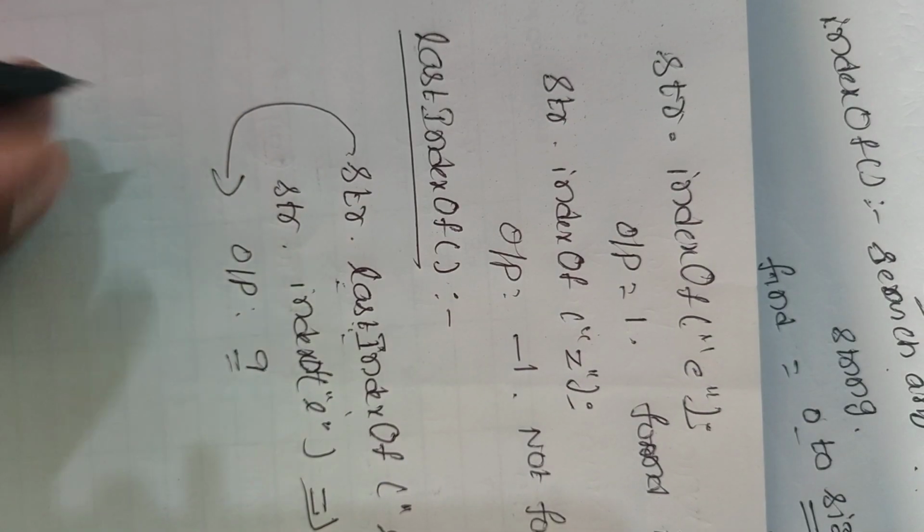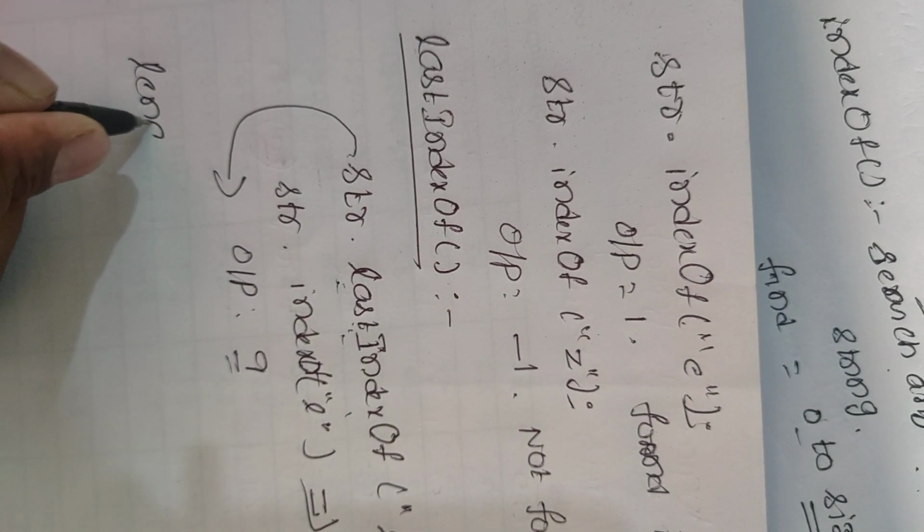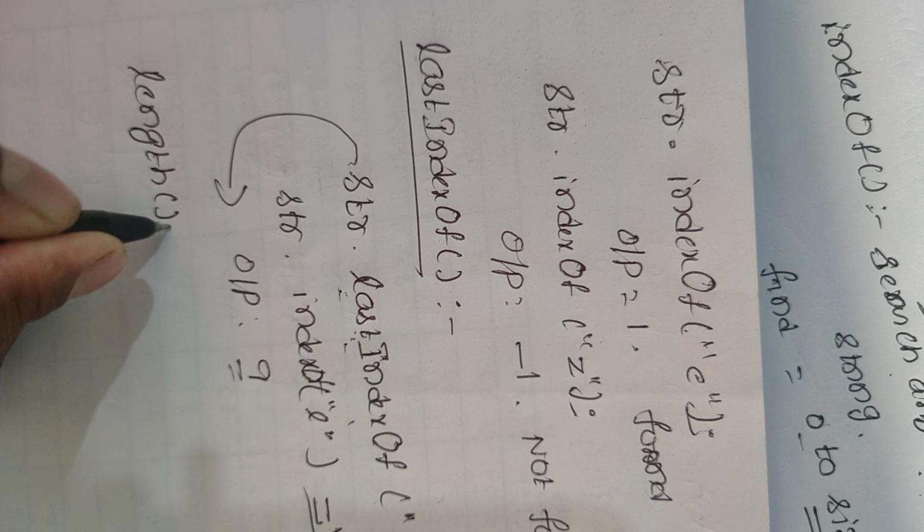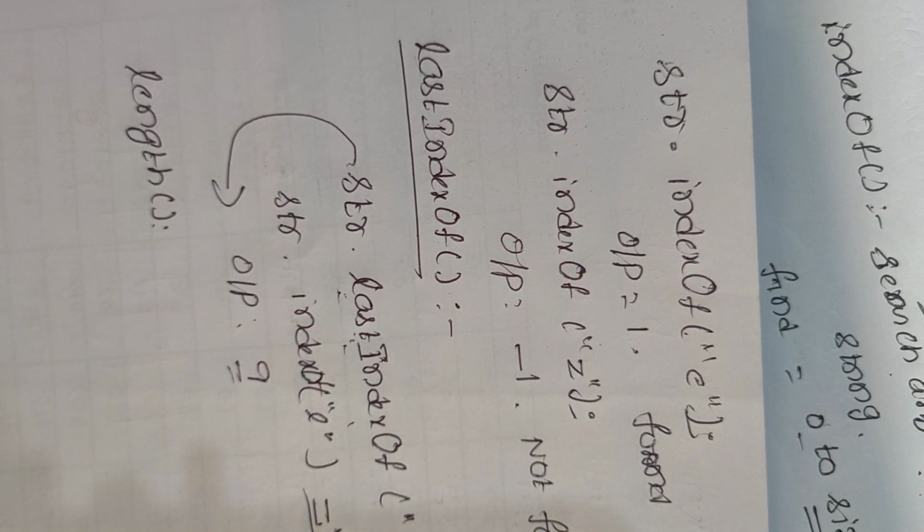The next method is length. The length property gives the number of characters in that string. So how many characters are available in our string?